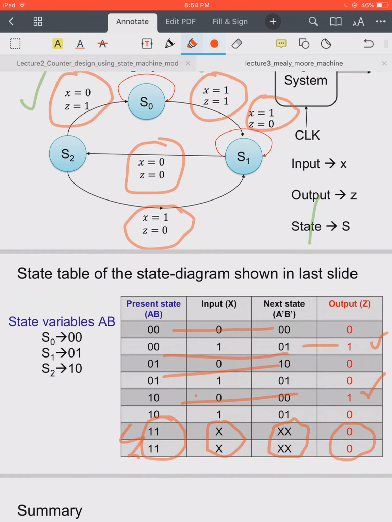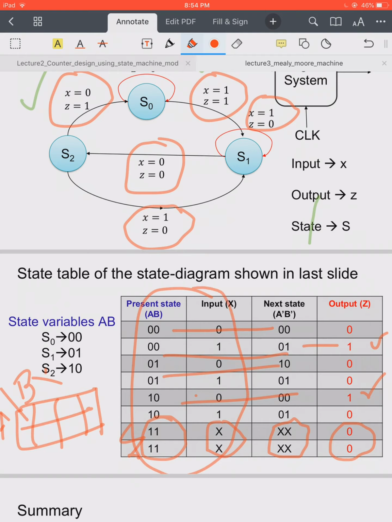Of this Mealy machine, so how can we write down the output of this state machine? It is pretty simple, because you need to draw a Karnaugh map with A, B and X, and you have this combination.